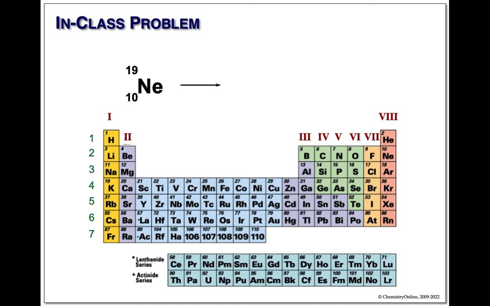Our beta particle has an atomic number of -1, meaning that this must be 11. Oh, there it is. This is sodium we're making. So, Na, the mass number does not change. So this is sodium 19.